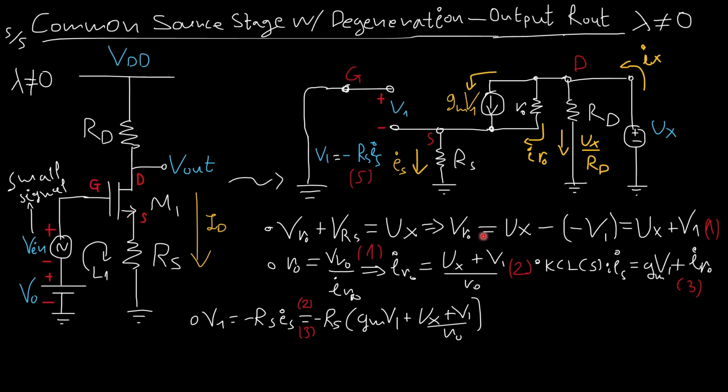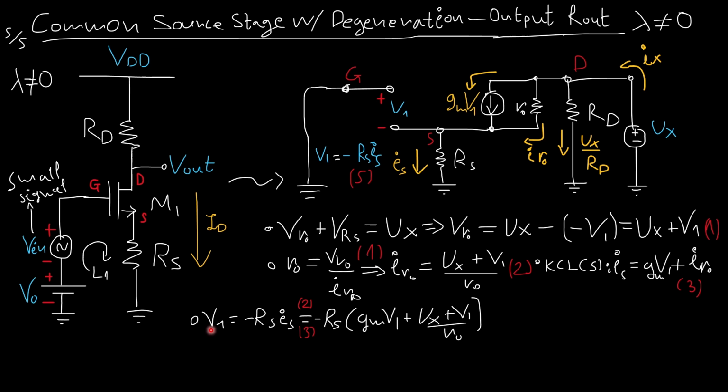I replace from here and here the current. I go to this current, I place it here, and I replace IRO with this IRO. Therefore, I get this result for the V1.